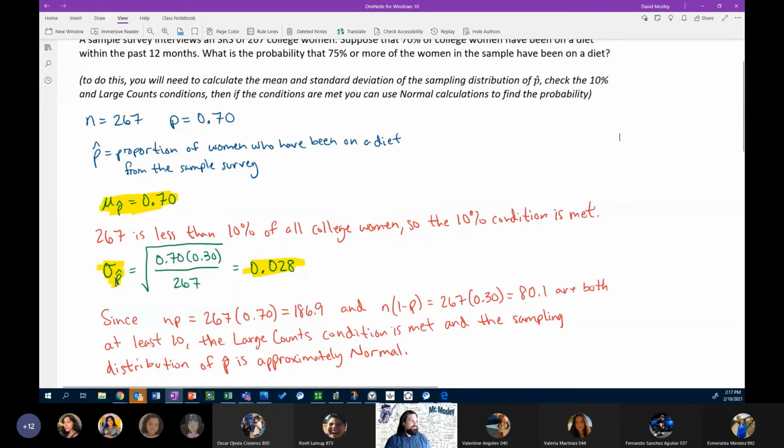We now find the standard deviation of the sample proportions, and that's equal to the square root of 0.7 times 0.3 divided by 267, and we get a standard deviation of 0.028.